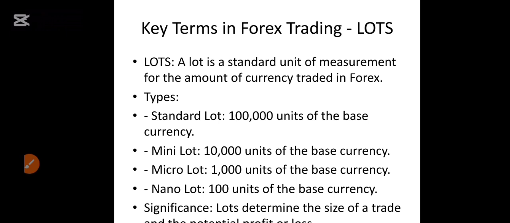And we have different lot sizes: 0.01 is called 10 cents, 0.02 is 2 cents, 0.03 is 3 cents, 0.04 is 4 cents, 0.05 is 5 cents, 0.06 is 6 cents, 0.07 is 7 cents. Then 0.1 is called $1. Like that you get to 1.0, which is $10, 2.0, continuously. Okay, so that's it.